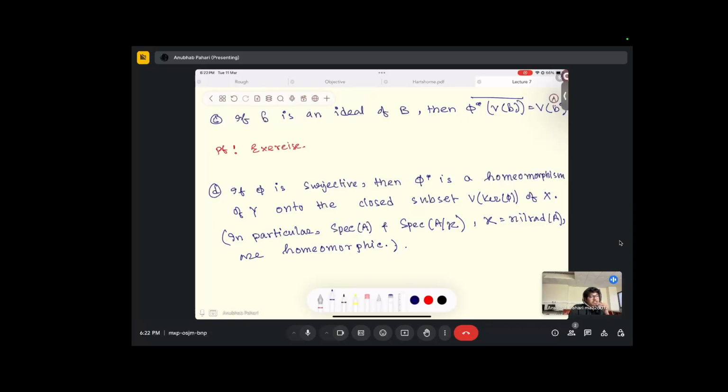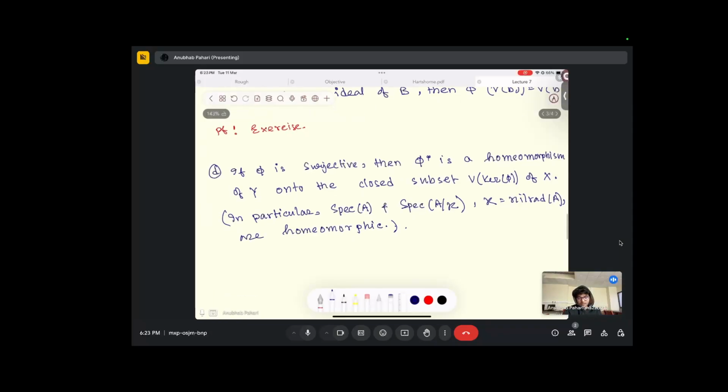But the other thing is that if you are given two prime ideals and if you take their pullbacks, they should be same. Now that comes from well definedness also, but anyway, if phi is surjective, then phi star is a homeomorphism of Y onto the closed subset V of ker phi of X. So okay, we'll be doing this proof.